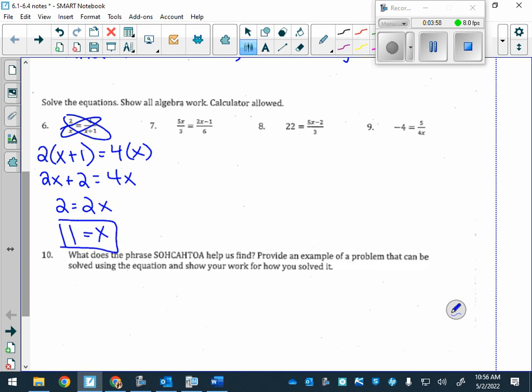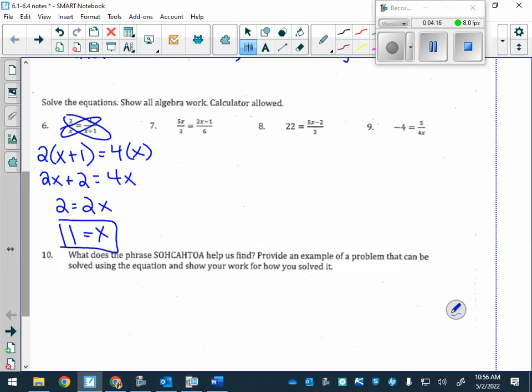X equals 1. Okay. How many of you remembered what to do in this section? Okay. If not, it's fine. X equals 1 for number 6. Number 7, you will be doing the same thing, and also 8, 9, and 10.